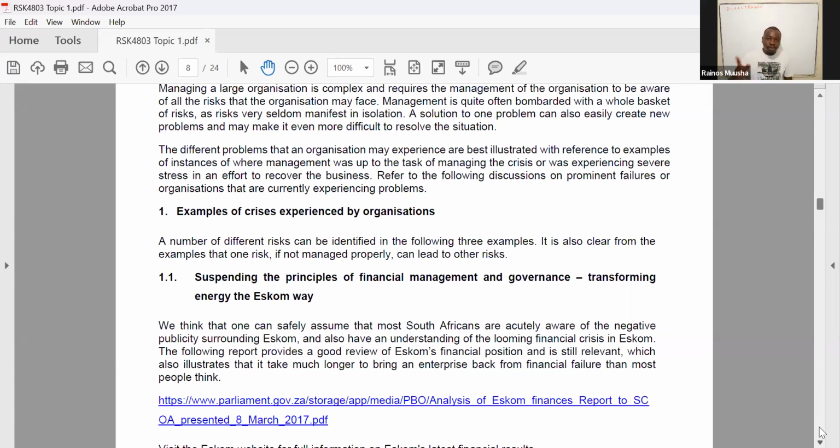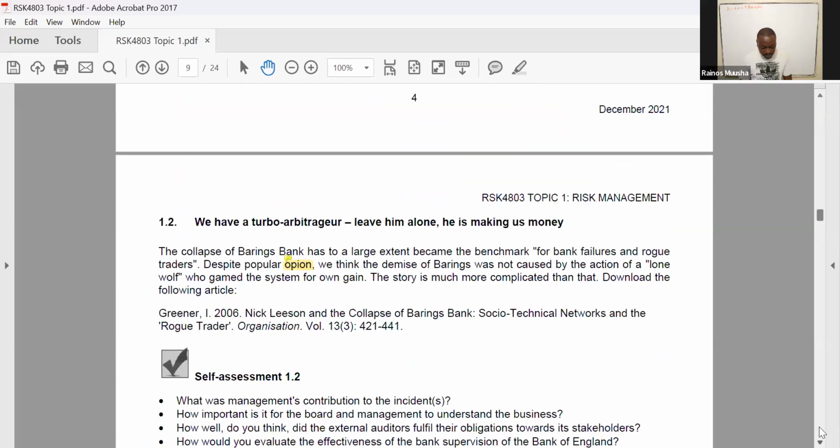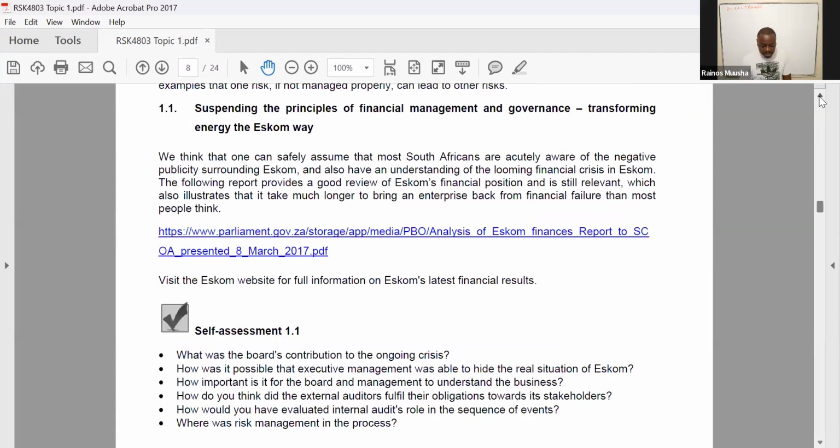And if you open just one article that is given there, for example, ESCOM, one article has got pages. When you look at this link as well, there's a financial report which has got so many pages that one would be expected to go through.